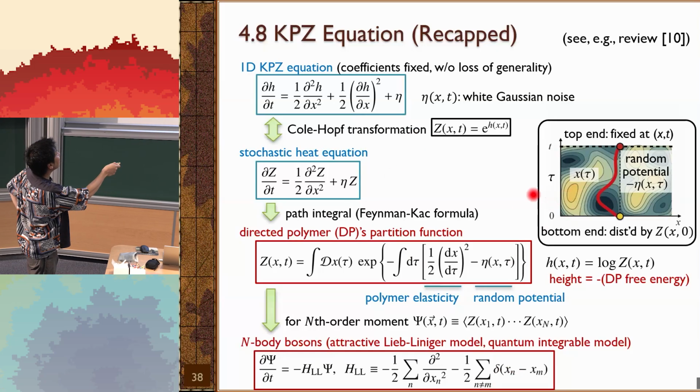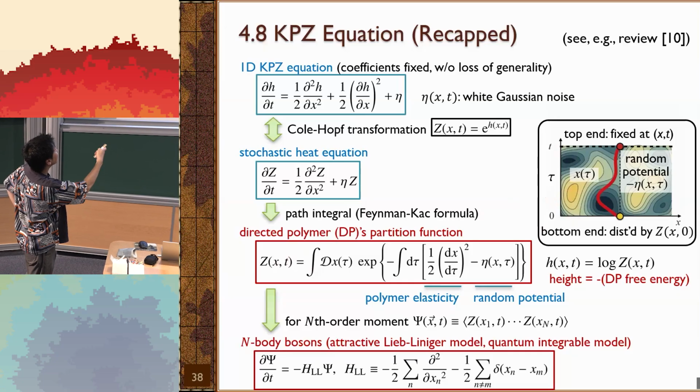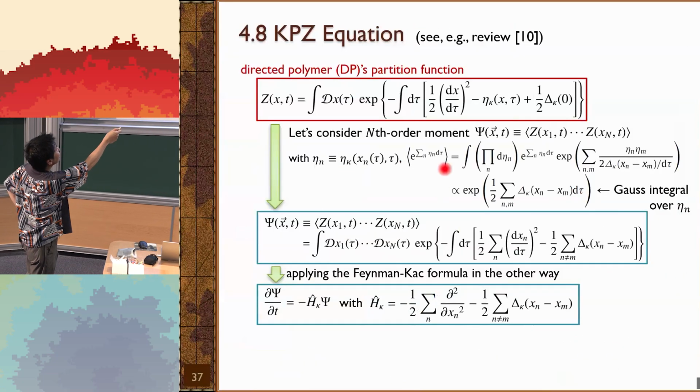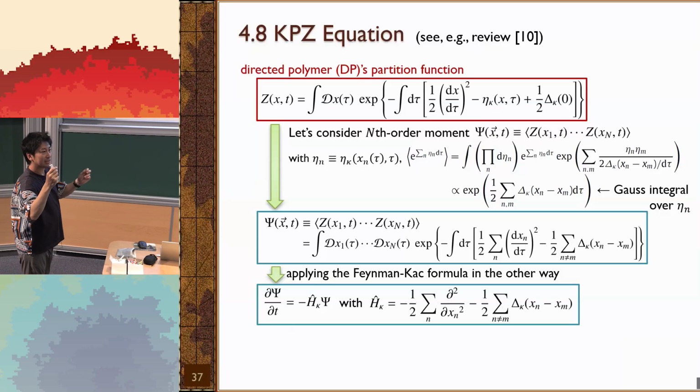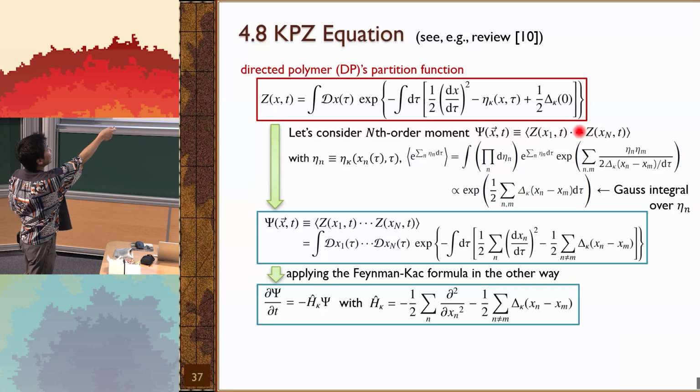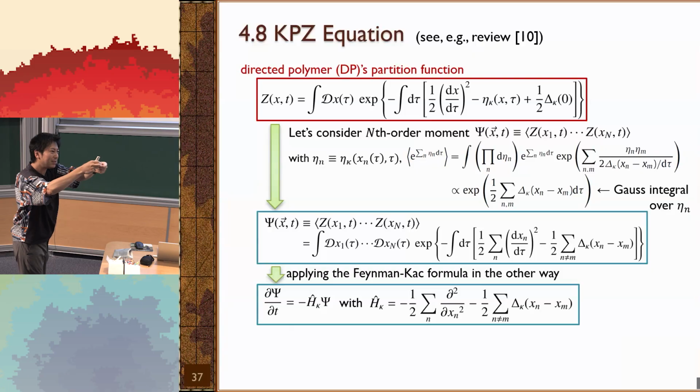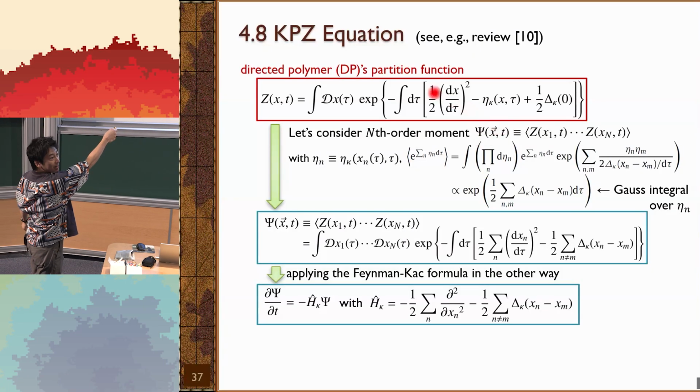These x came from replicas. So we considered the nth order moment. So we can permute these, and the wave function doesn't change. You can see that different x can overlap, and even if you exchange labels, it doesn't change the wave function. So it has the symmetry of boson particles.